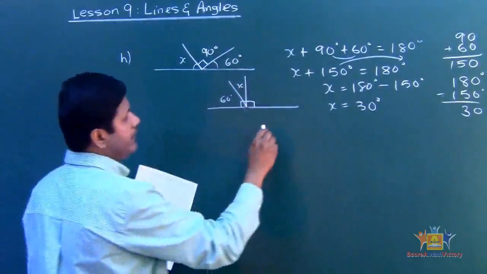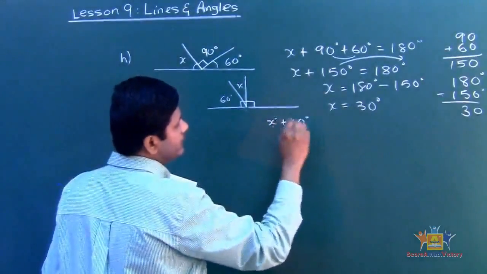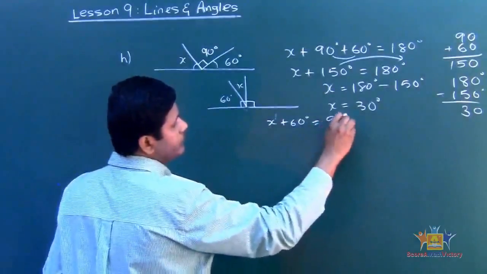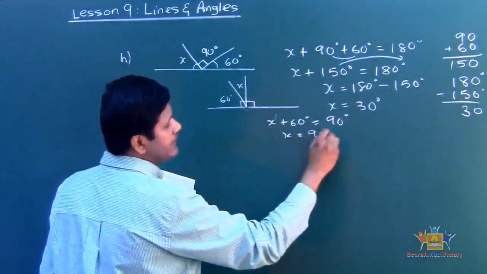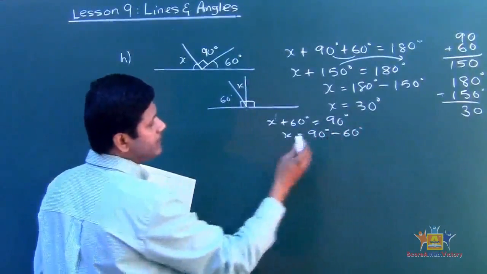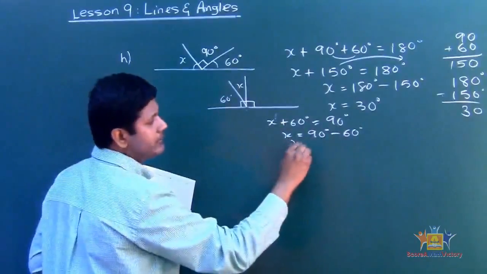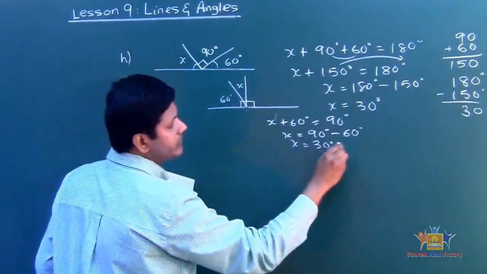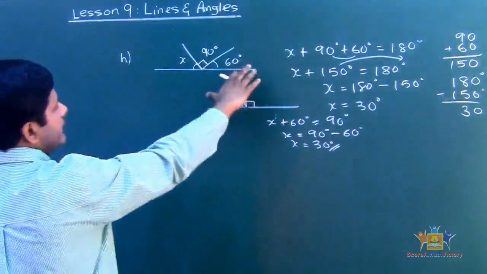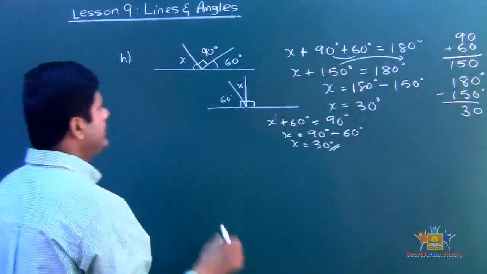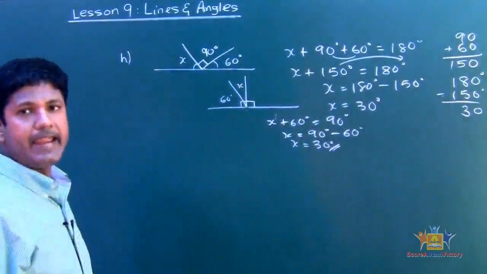I can say x plus 60 degrees equals 90 degrees. And I'm looking for x. So x equals 90 minus 60, because it's adding, crossing the bridge becomes subtraction. So x equals 30 degrees. Now this is another way of doing it, okay? Rather than trying to add the whole thing to equal 180, you know that it's a 90, which means half of the 180.